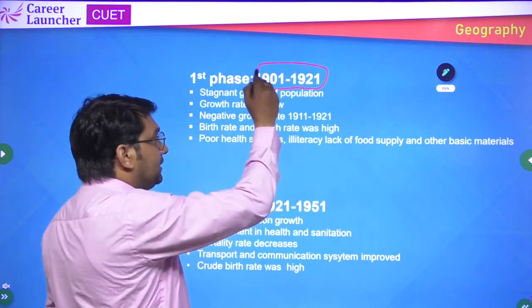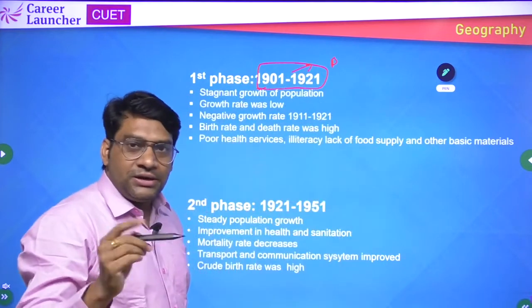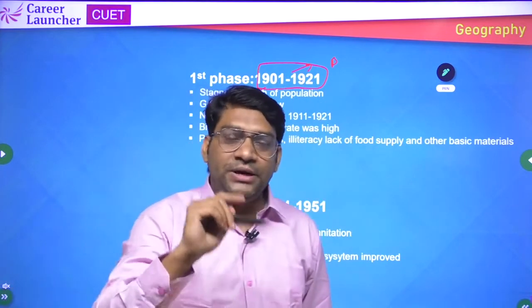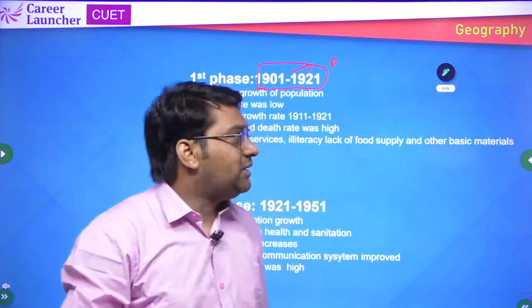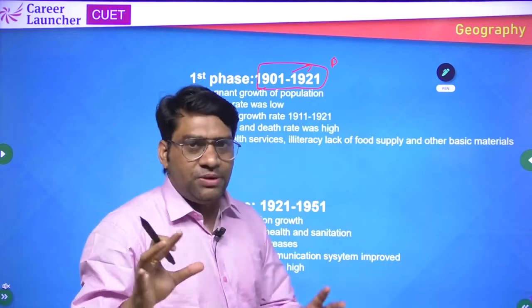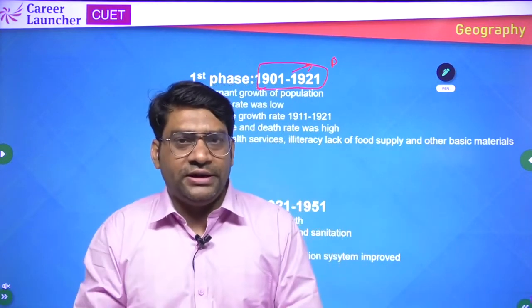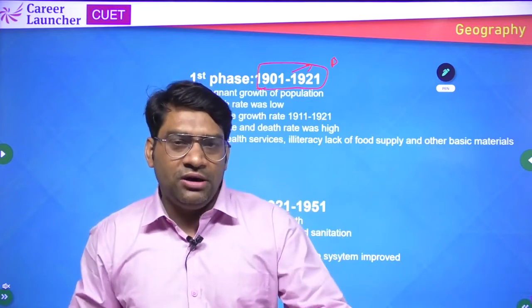Now you can see this was a time when the Britishers were present in our country. In 1905 the Swadeshi Movement started. Till 1921 our country was not politically stable, still fighting against the Britishers.